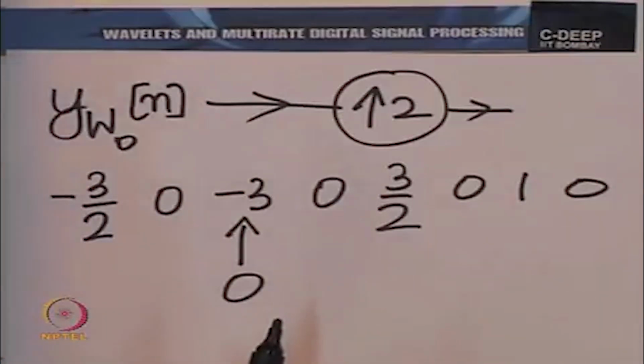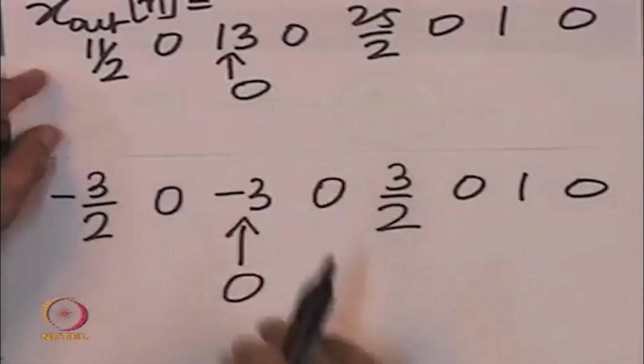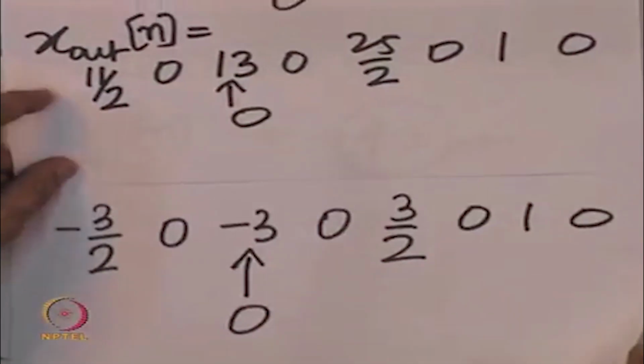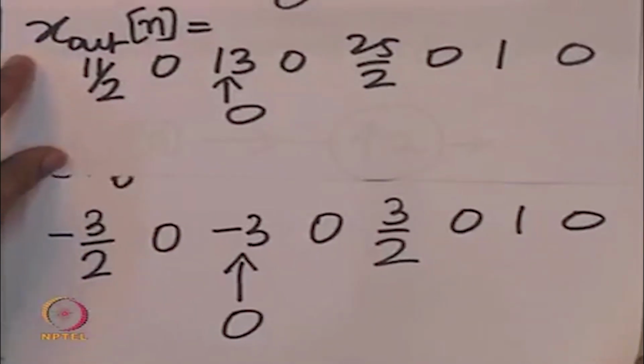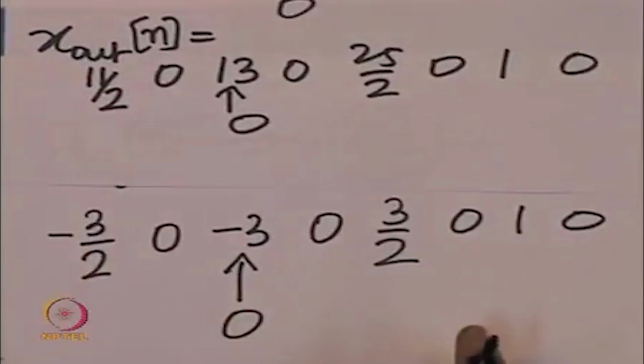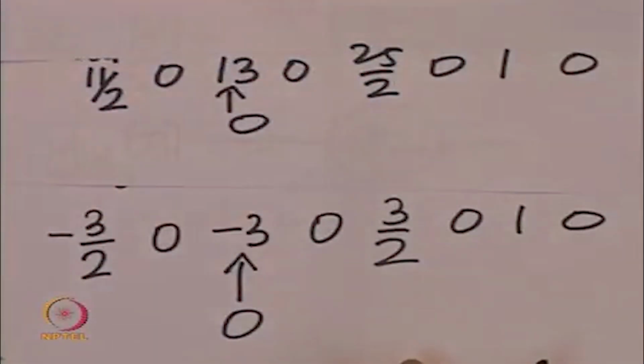If we simply added them, you can see, let me put them together for reference. I will just suppress this for the moment and we just put these two sequences together.